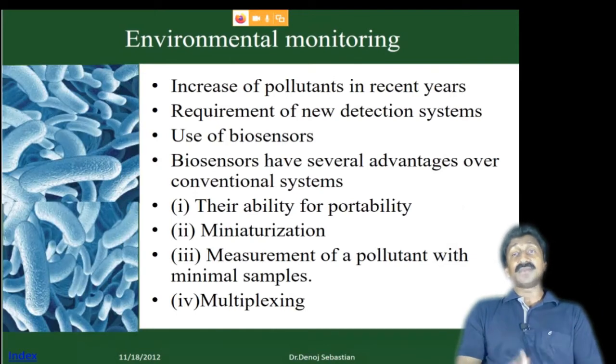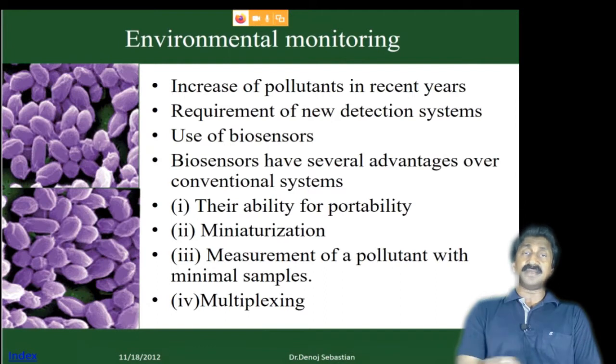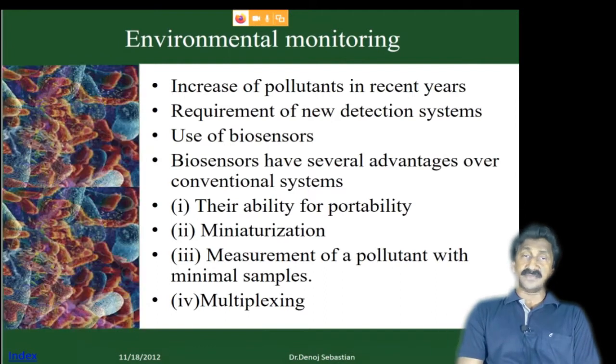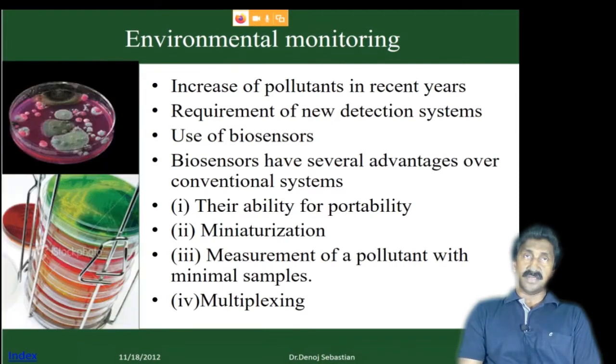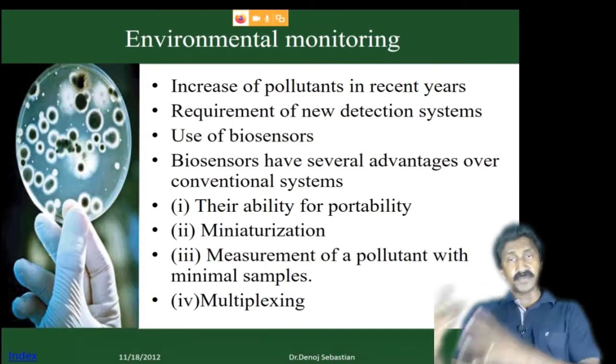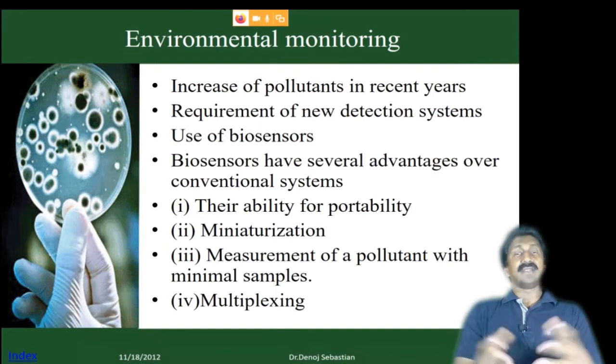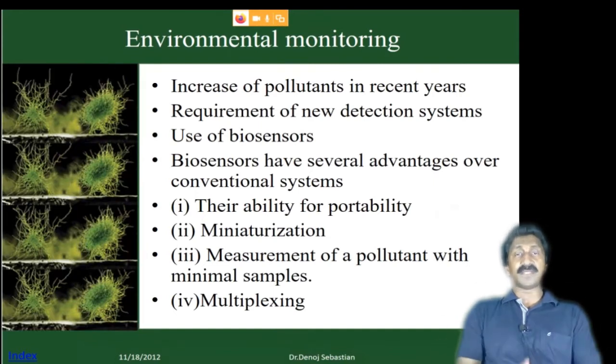And another one, measurement of the pollutant with minimum sample is possible. So even at minimal quantity of the pollutant, the biosensors will help you to identify it. And nowadays multiplexing provisions are also available for different biosensors. For example, if you want to identify multiple targets, multiple pollutants within the same test, it's like multiplex PCR.